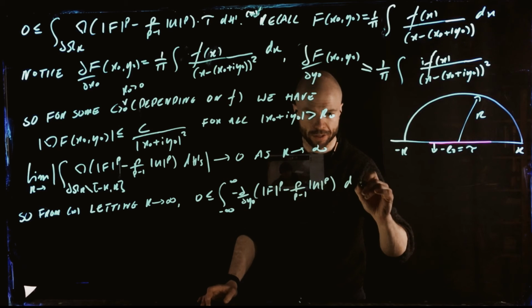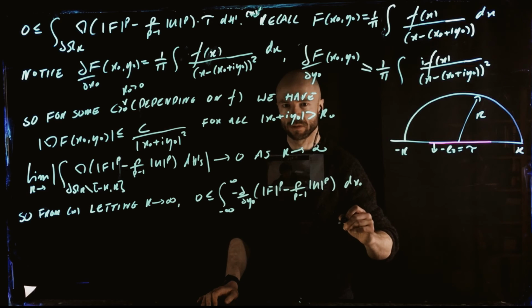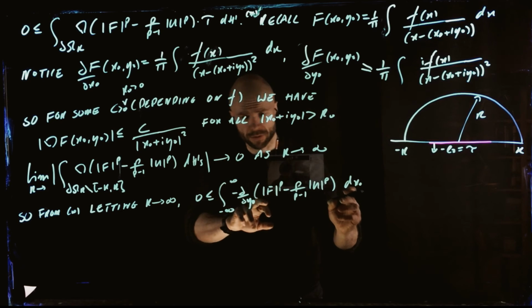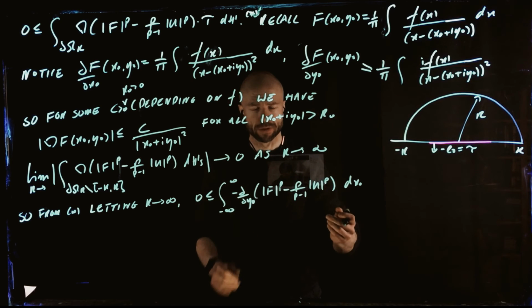And this is just the integral with respect to x0 like this. And now we're going to take the derivative out from this integral, which I claim we can do again because of the smoothness of everything.